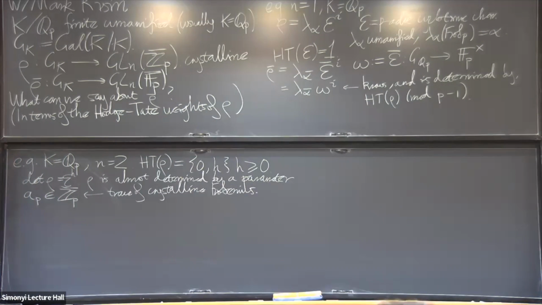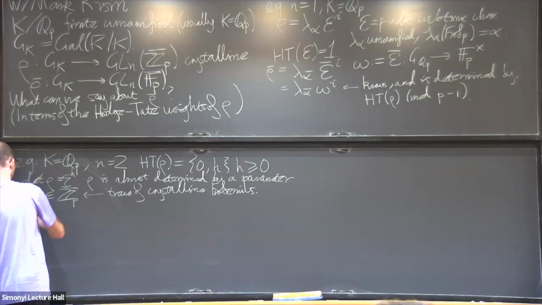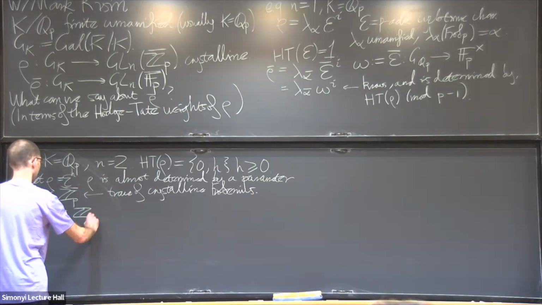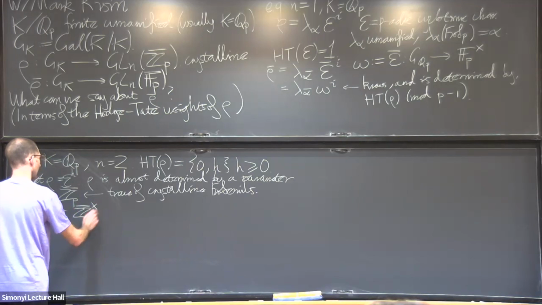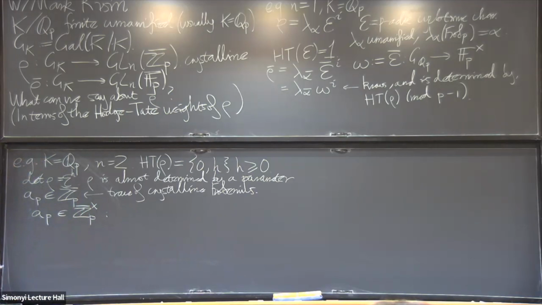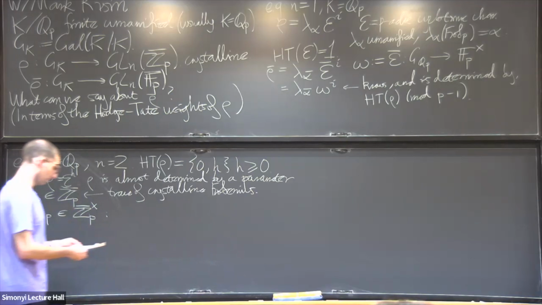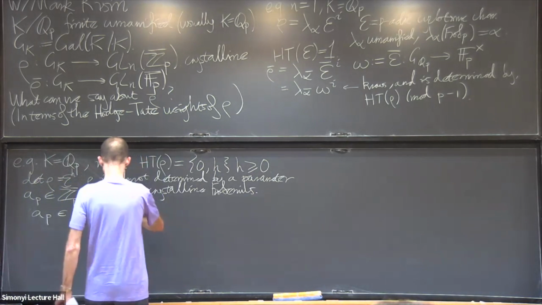People studied this in the 70s and 80s, and as I was just saying, if the p-adic valuation is zero, equivalently if it's a unit, then the reduction is reducible.